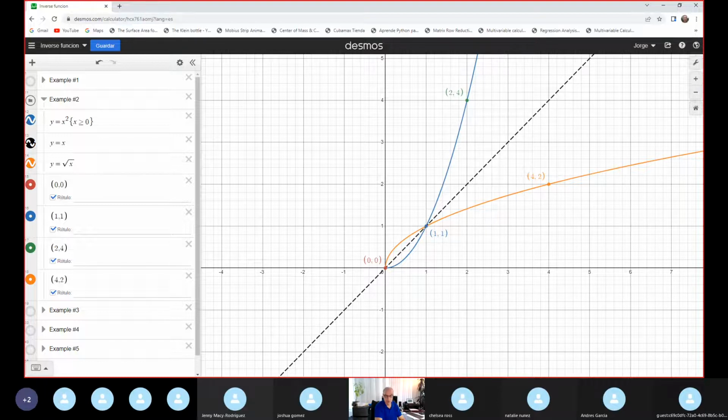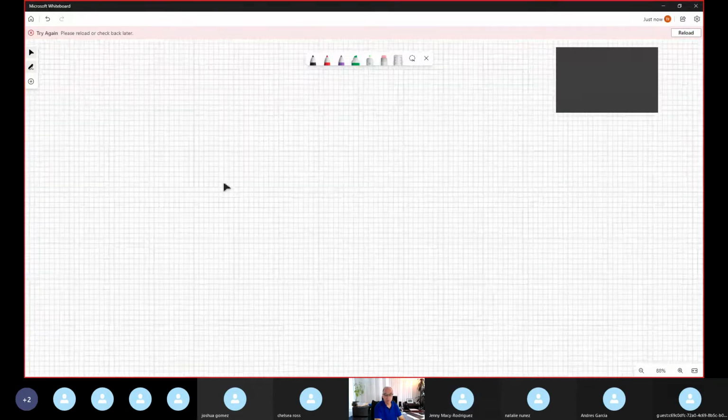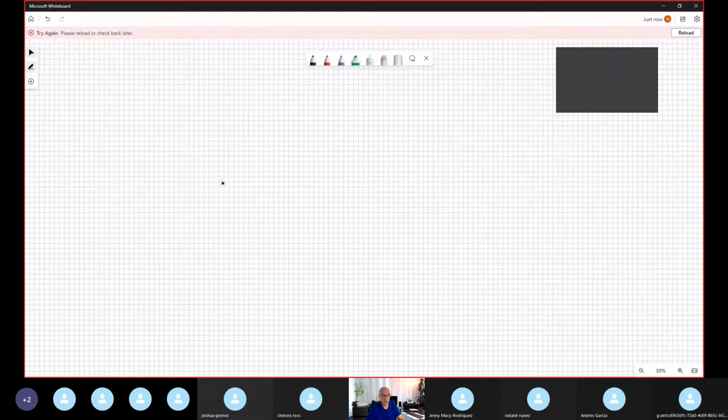Then let me see example 3. Example 3, let me erase the board and share the screen for the board. Okay, cool. Do you see? Do you see or not? Yes. Okay. Example 3, look, I don't want to complicate this too much.